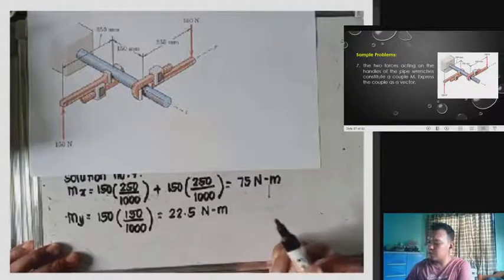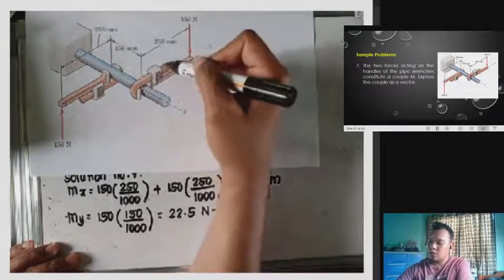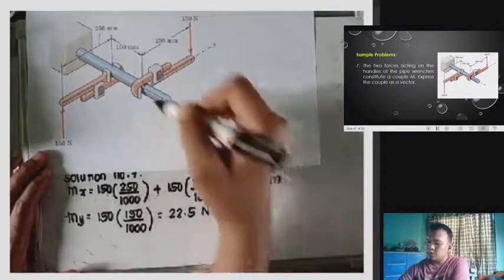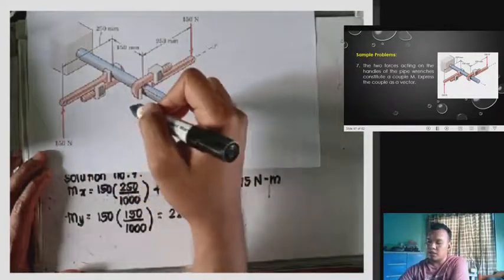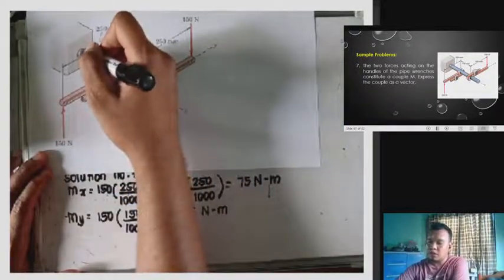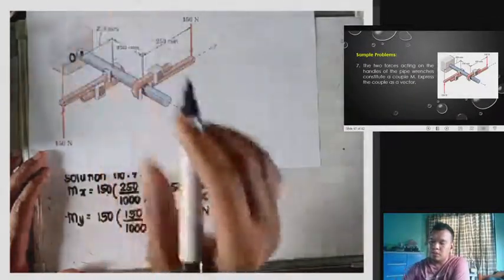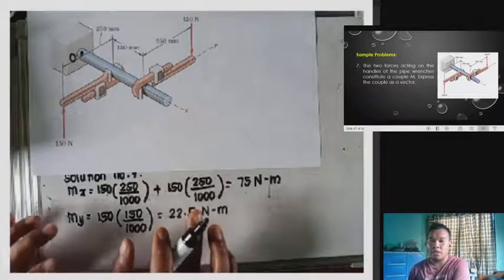Okay. So, kung makikita ninyo, yung sa Mx natin, kung dito ako nakatingin, sa pag ganito yung tingin ko, tama bang clockwise yan? Pero kung dito ako nakatingin, sa point na yan, sa point O, sabihin kong point O yan, tama bang kabaliktaran yung makikita ko? Kaya magiging counterclockwise yun.